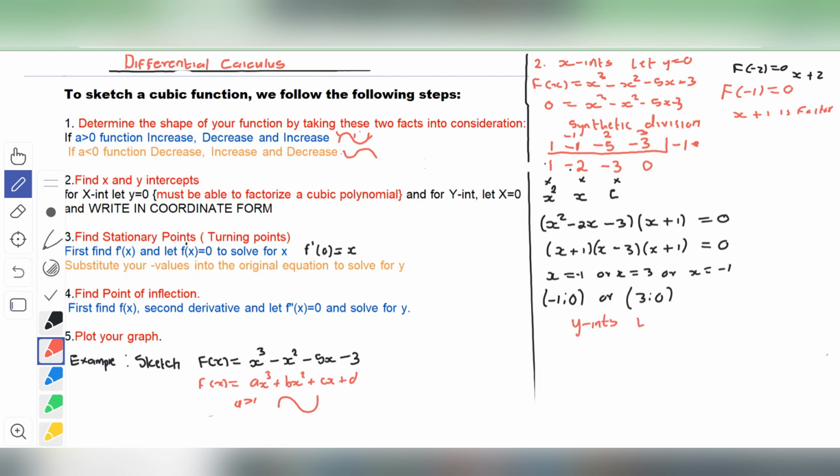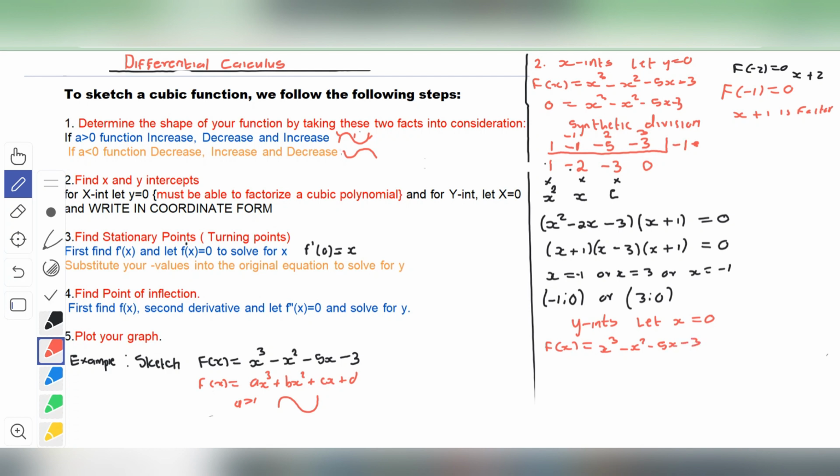For the y-intercept, we let x equal to 0, right? So we know that our equation is f of x is equal to x cubed minus x squared minus 5x minus 3, right?